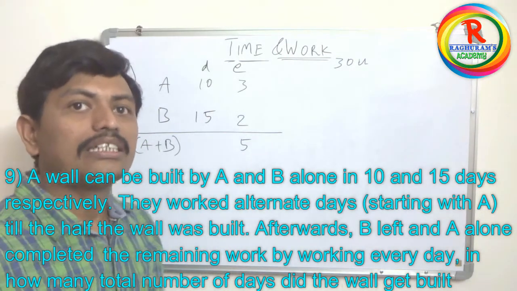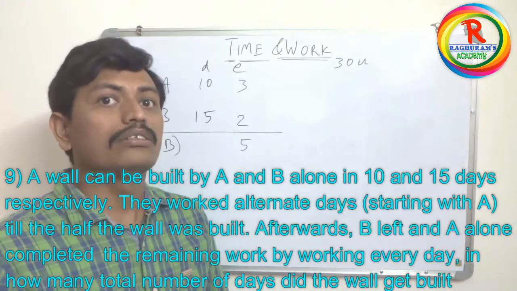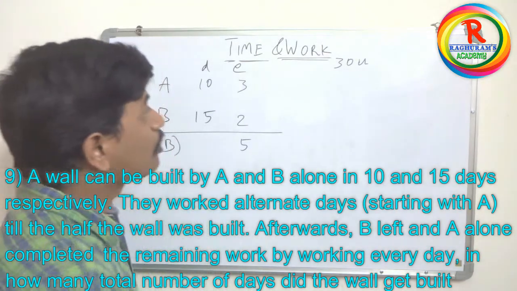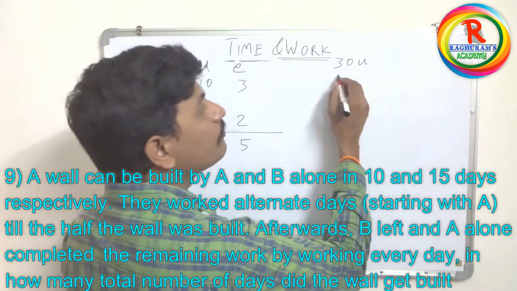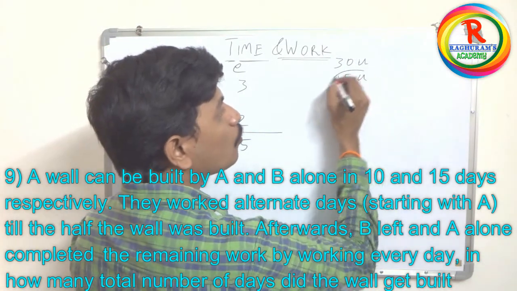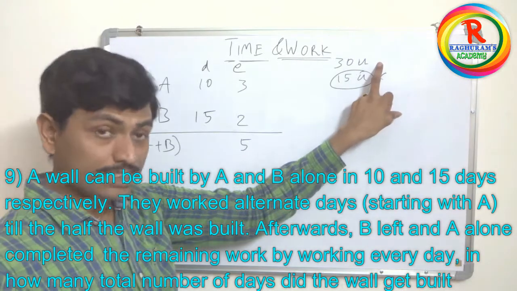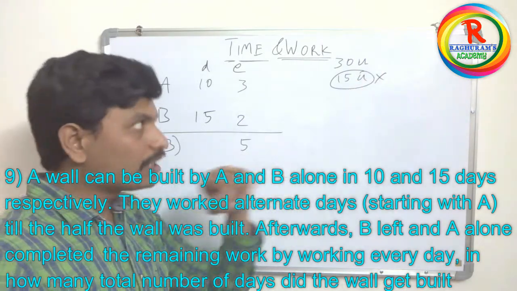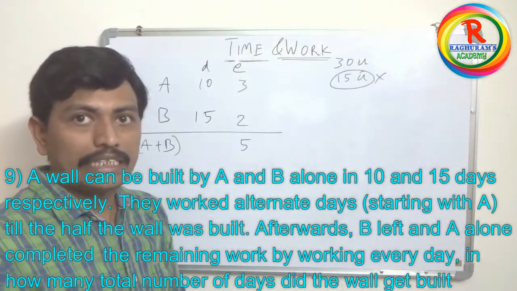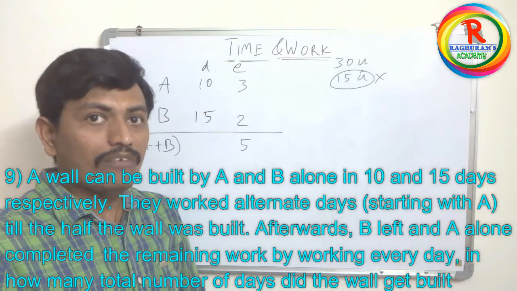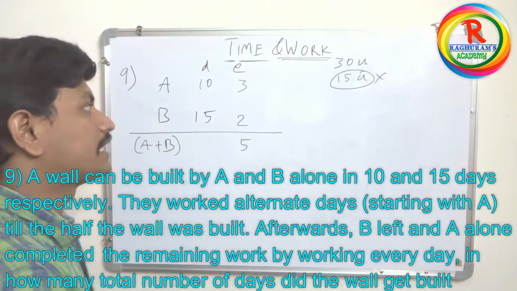Starting with A, till half of the wall was built. Half of the wall means, if you take total 30 units, 15 units. So till half of the work they worked on alternate days.